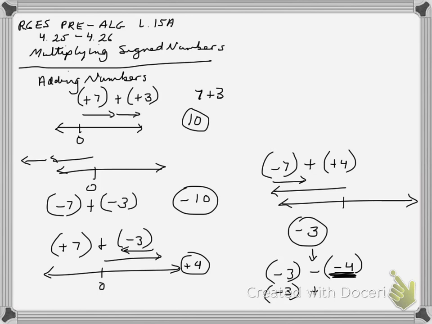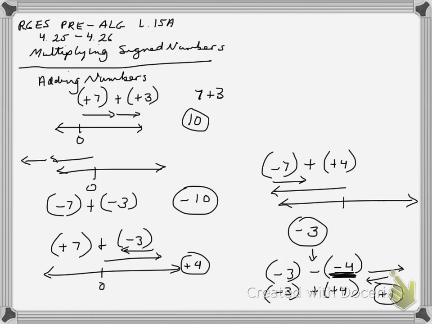So this becomes the inverse, no longer negative 4, but positive 4. And now we have an addition problem. We're going negative 3 in that direction, positive 4 in that direction. The difference between 3 and 4 is 1, and we end up on the positive side of 0. Okay, so that's what you've learned so far.